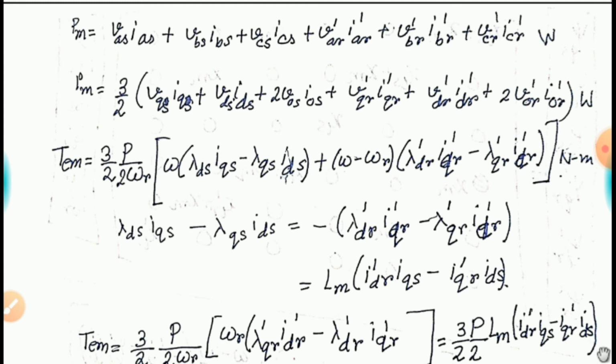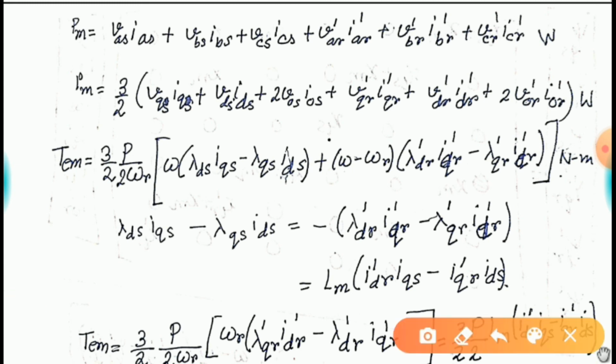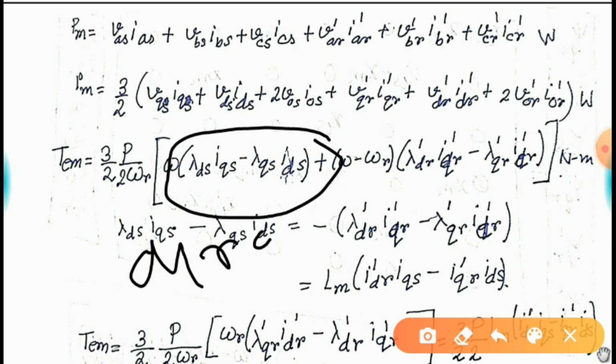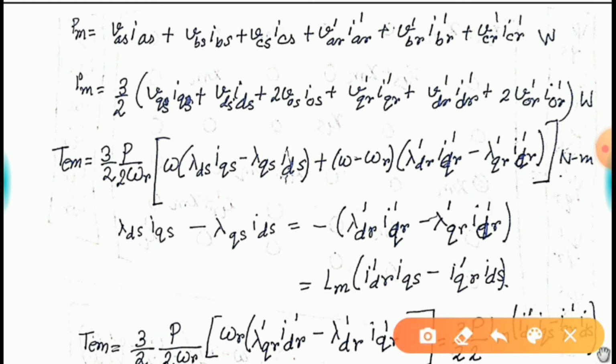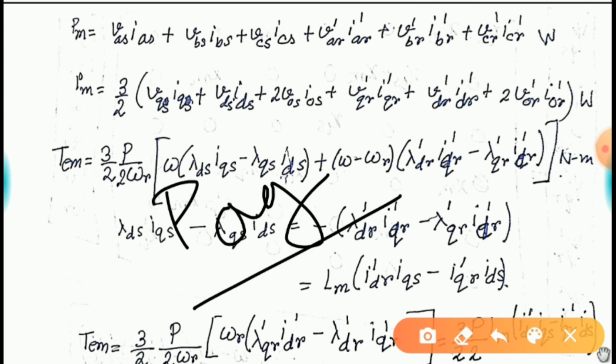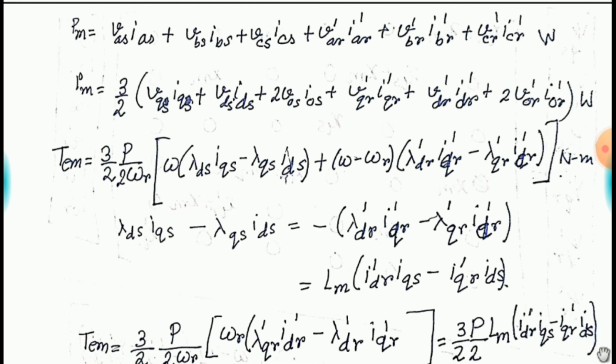So while we are talking about torque production, you can assume this is a kind of air gap power. We can think that all these terms produce some kind of air gap power, and when we divide this air gap power, let us denote it PAG, by our synchronous speed omega s, or here we generally refer to it as omega e, then we get the electrical torque.